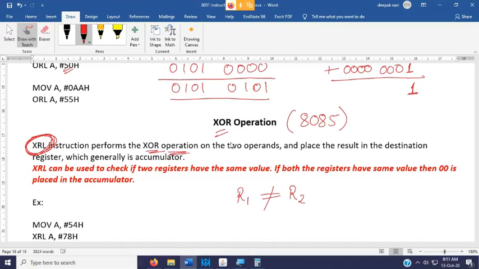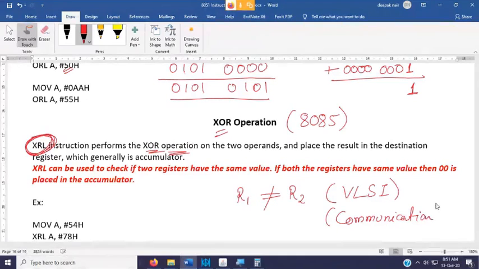The same thing is used mostly in VLSI also, and in communication, to check whether the transmitted signal and the received signal are same or not. This is why XOR is very important.